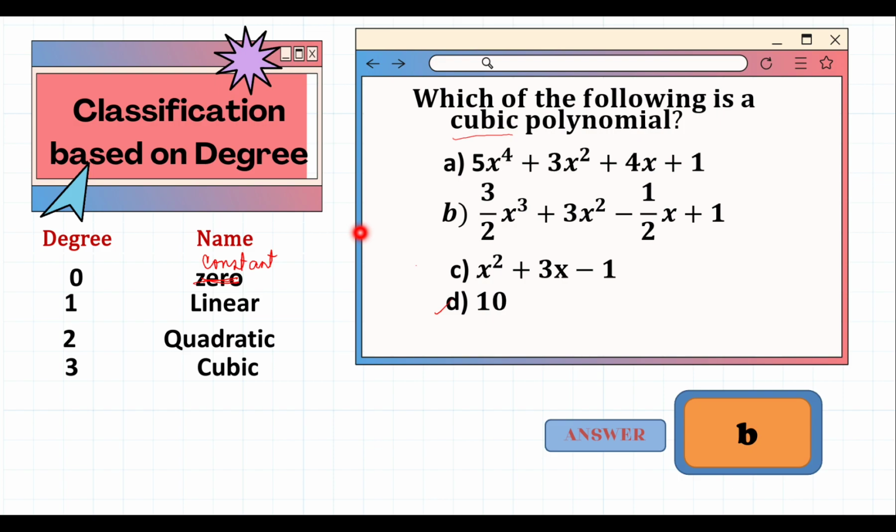Thus, letter B is the cubic polynomial because the degree of the polynomial here is 3. Then we have 4, quartic, and that is item letter A. And if the degree is 5, then we have a quintic polynomial. And of course, for the others, we can just simply say 6th degree, 7th degree, and the like. So that is the classification based on the degree.